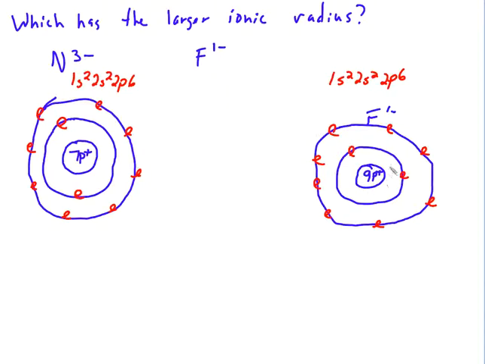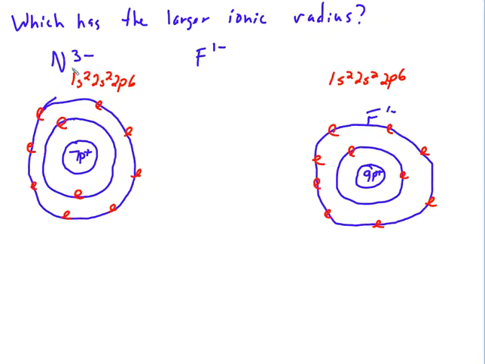Fluorine has 9 positive charges pulling on the same number of electrons. Because they have the same shells and the same number of electrons, the stronger nucleus is going to have the smaller radius. So because fluorine has 9 protons, it's fluoride, I guess, not fluorine, it's going to have a smaller radius.